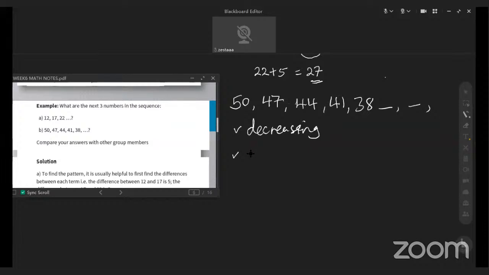So 50 minus 47, you get 3. Then 47 minus 44, you get 3. This is enough. So what do you do here? 38 minus 3.